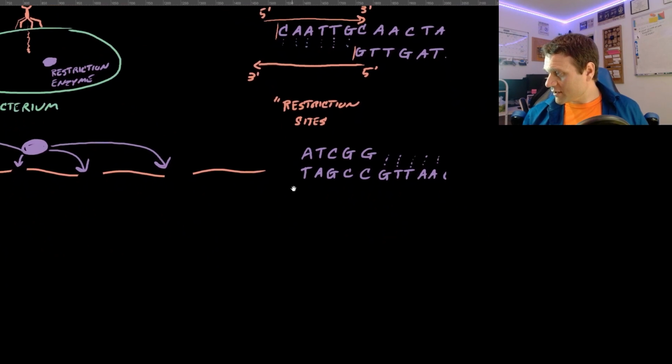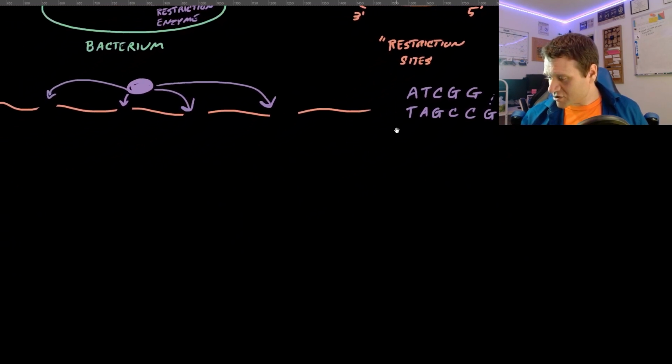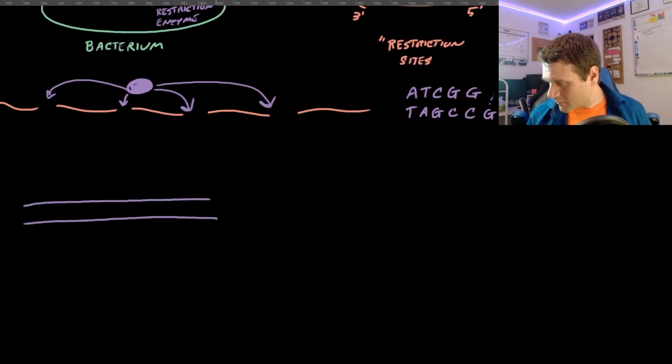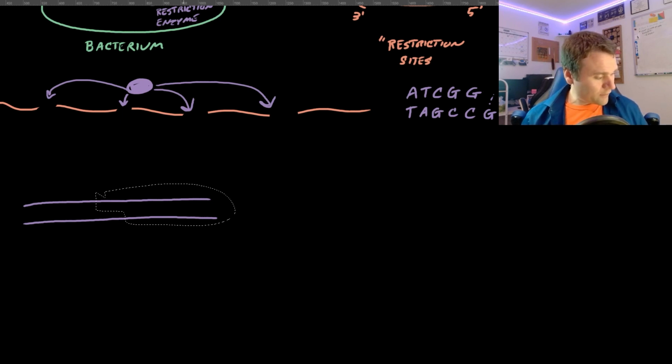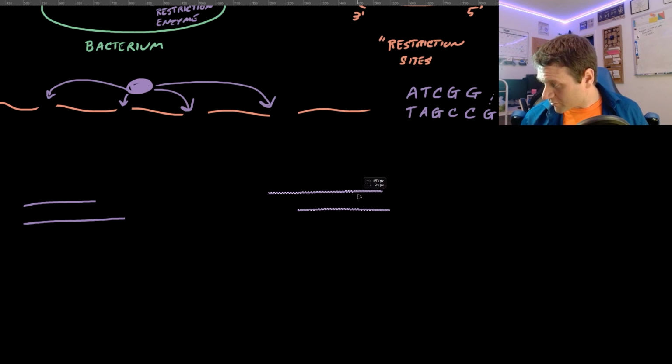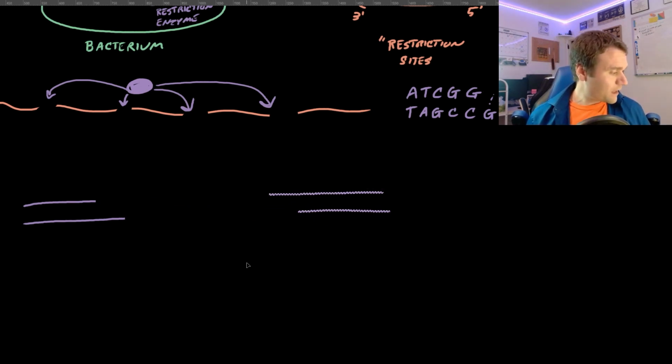So for example, if I had a section of DNA from one species like this, and I used a restriction enzyme to cut it, I would get a cut that looked something like this, right? That's similar to what we had above.